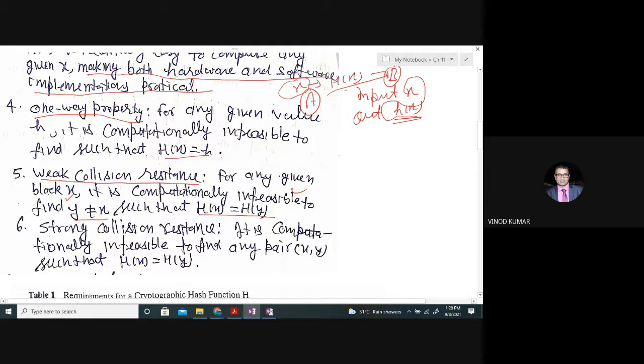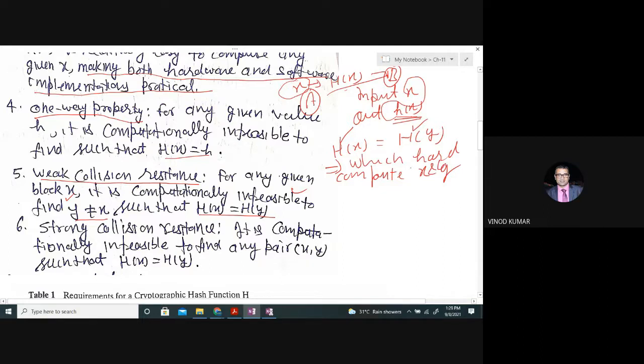As here, if we have two outputs, say Hx and Hy, in a hash function, it is not easy to find, it is hard to compute x and y. So for a given value Hx and Hy, it is not easy to find the values of x and y.